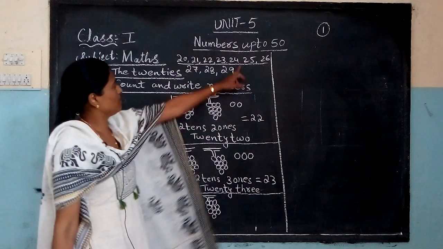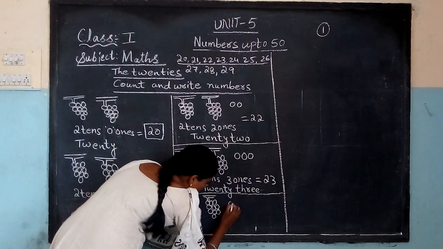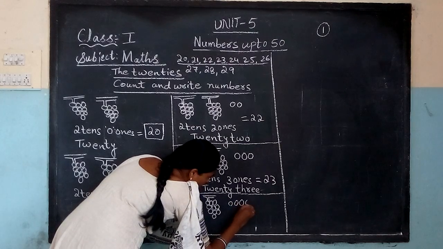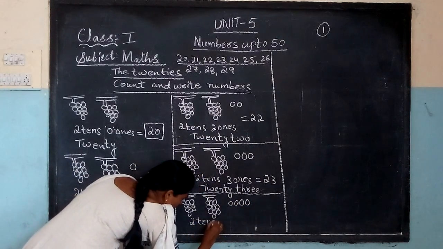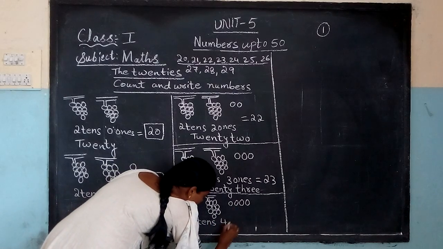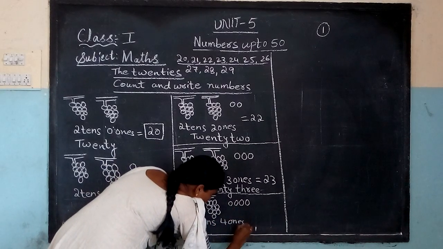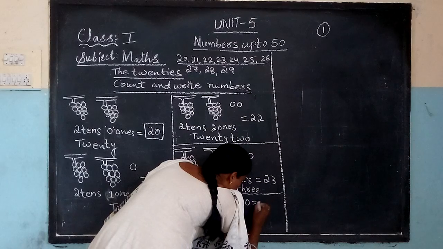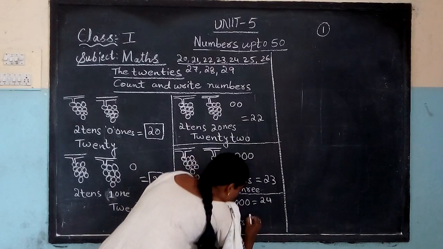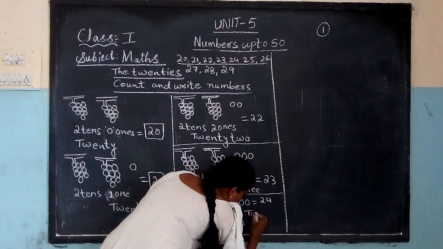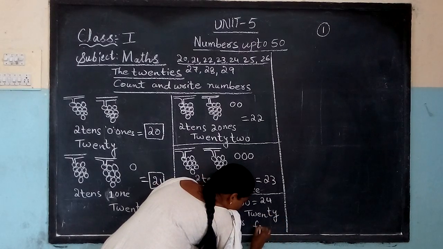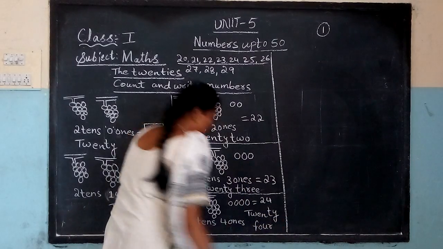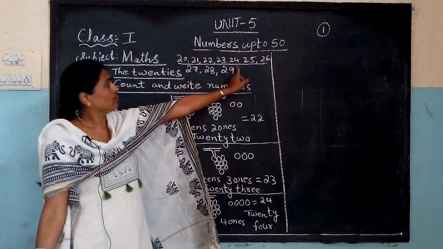Now, what is this number? 24. How many singles? 1, 2, 3, 4. 2 tens and 4 ones. What did it become? 24. Spelling of 24. TWENTY, 20. FOUR, 24. 24 completed.